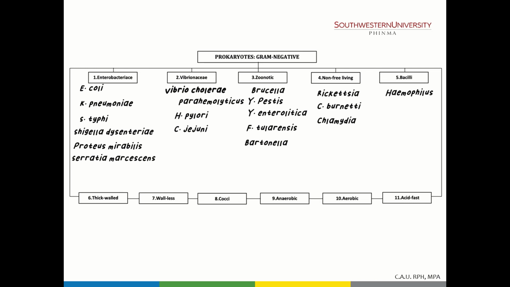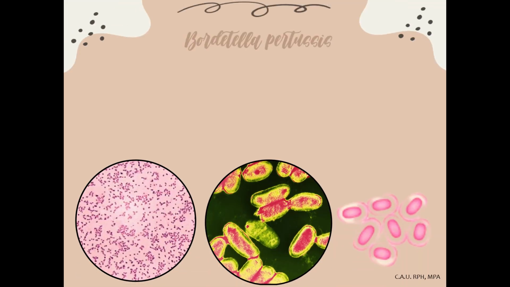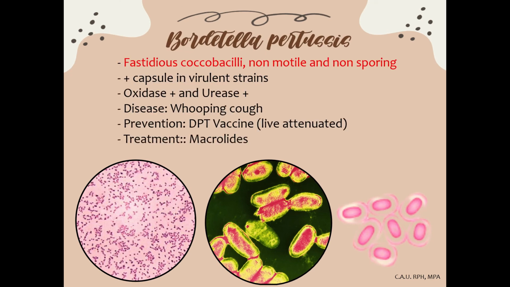Next is Bordetella pertussis. Infection by this bacteria, Bordetella pertussis, results in pertussis, also known as whooping cough. The name pertussis is derived from the Latin per, meaning thoroughly, and tussis, meaning cough. In many people, it's marked by a severe hacking cough followed by a high-pitched intake of breath that sounds like a whoop.